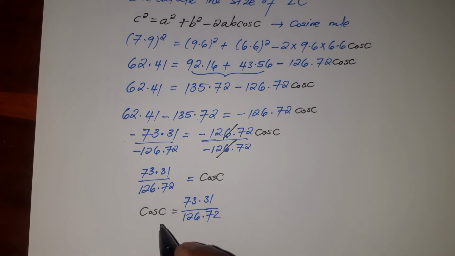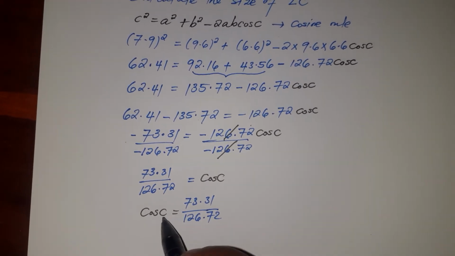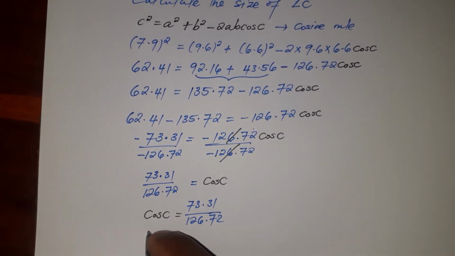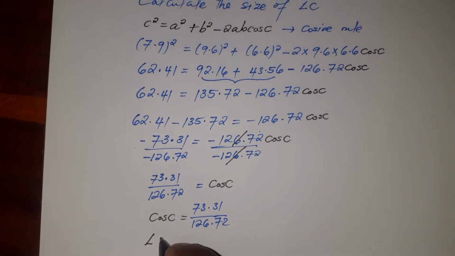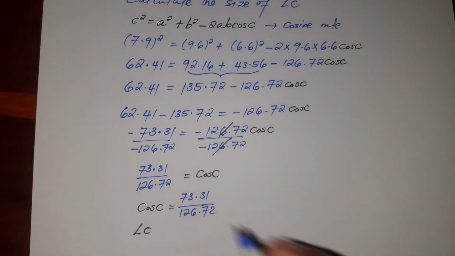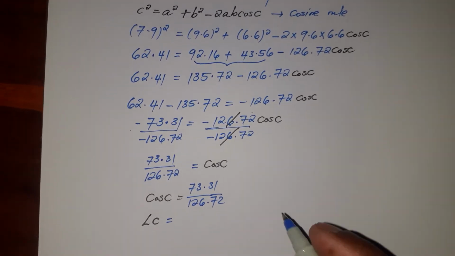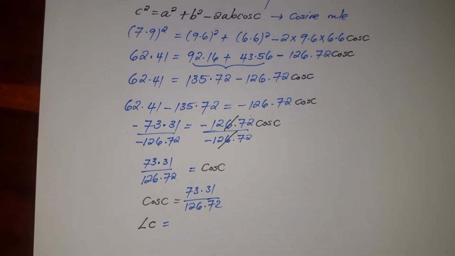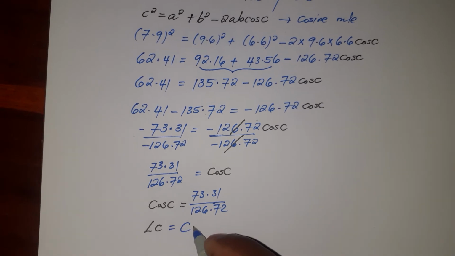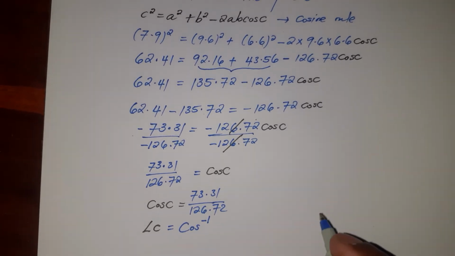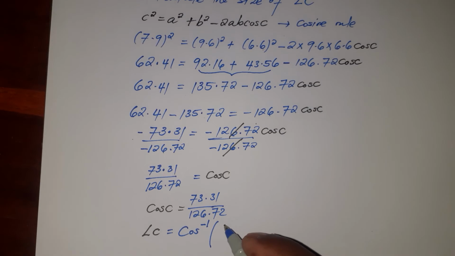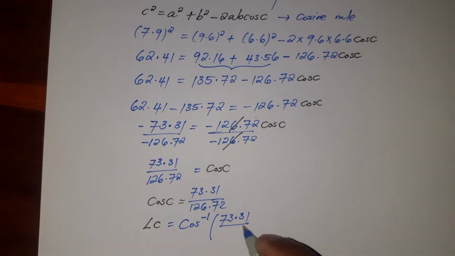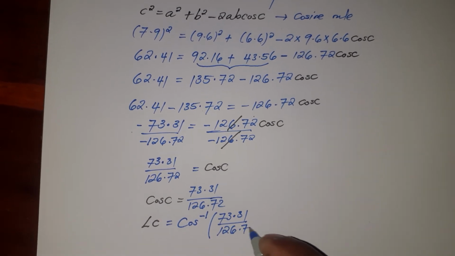Then, since we want to find the angle, angle C is now equal to the inverse of the cosine, which is given by that, and then open bracket, we now write that fraction 73.31 over 126.72.